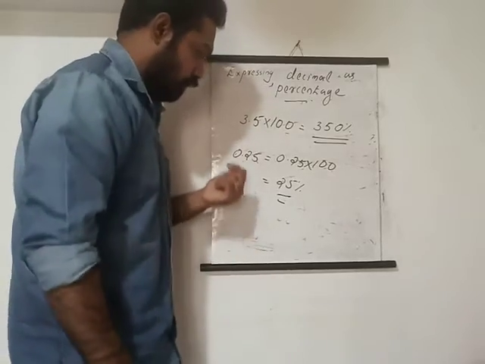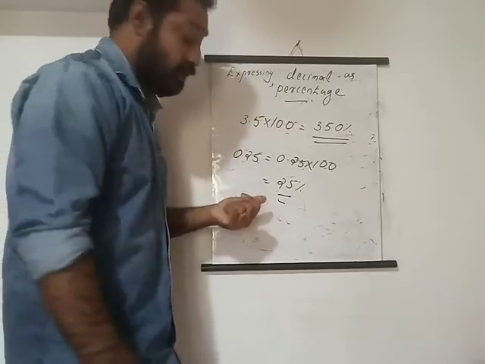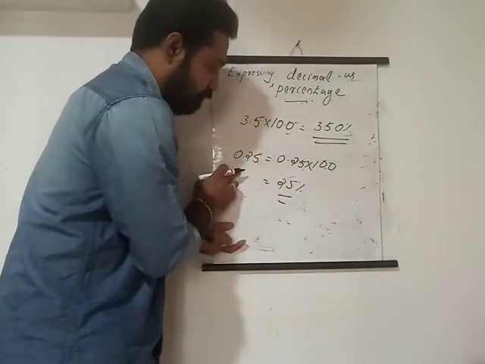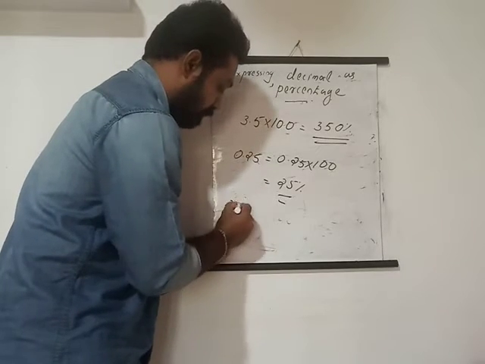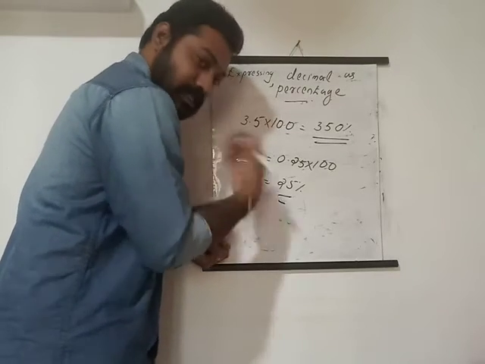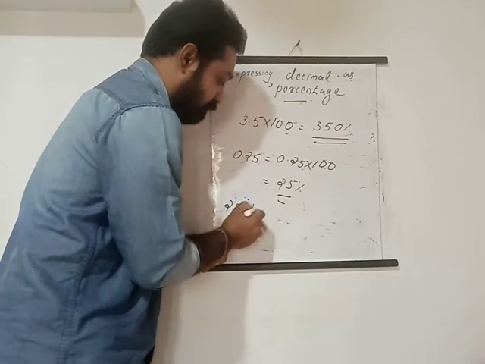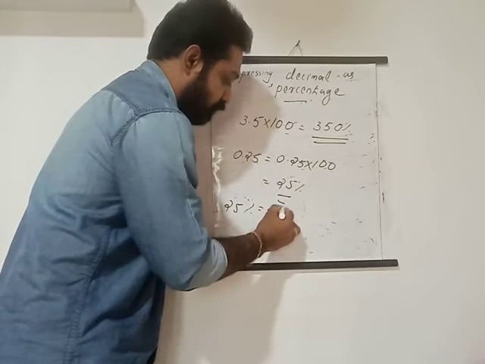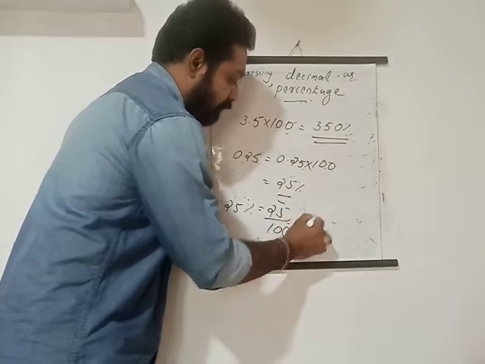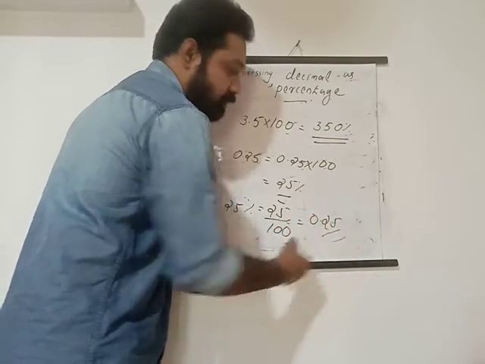So 0.25 is 25 percent. When you reconvert this, you will get 0.25. When you write 25 percent as a fraction, 25 by 100, what will be your answer? 0.25. Isn't it? You can check by reconversion.